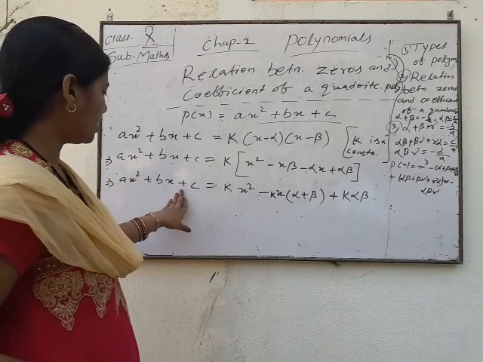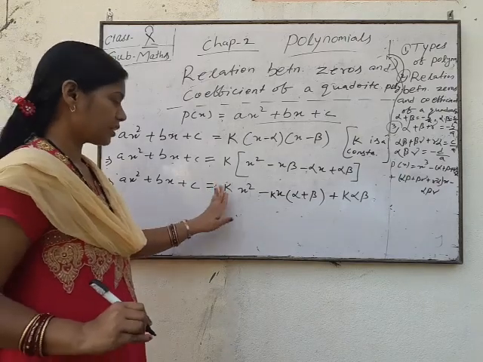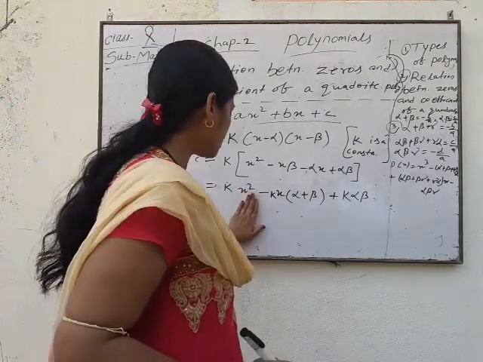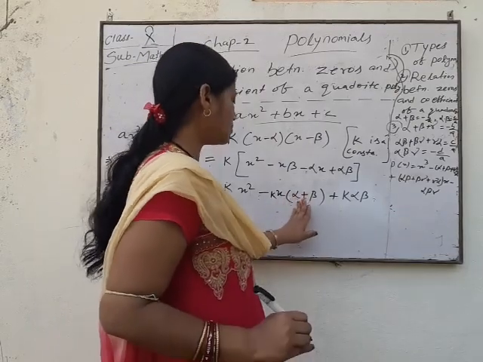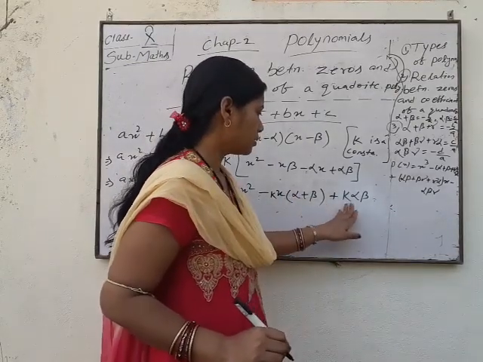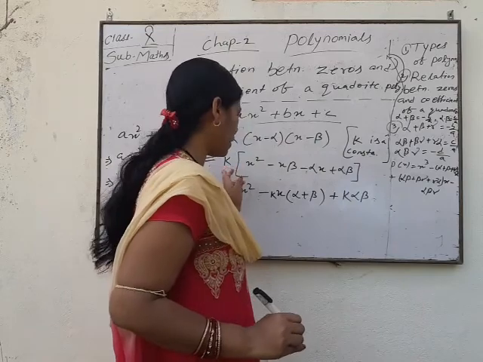ax square plus bx plus c is equal to kx square minus kx into (alpha plus beta) plus k into alpha into beta, this whole thing multiplied with k.